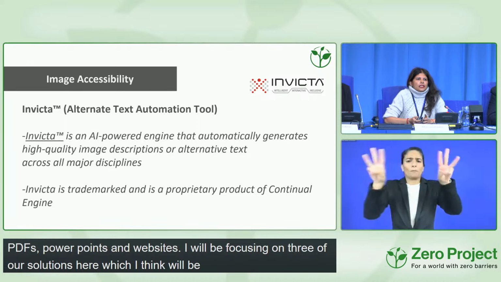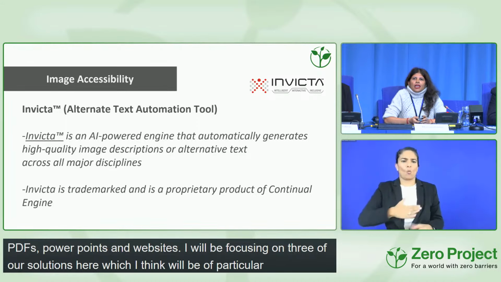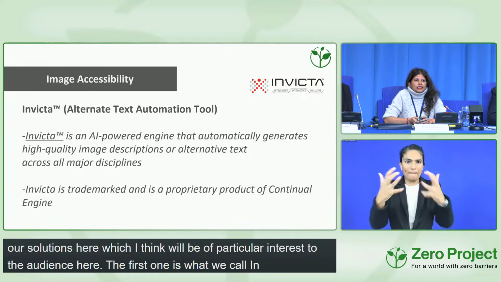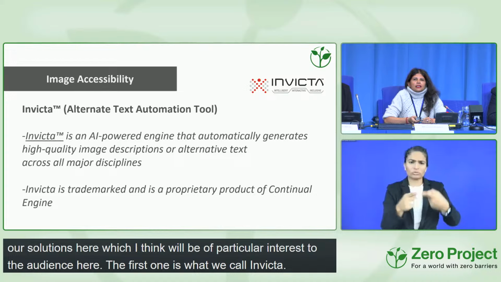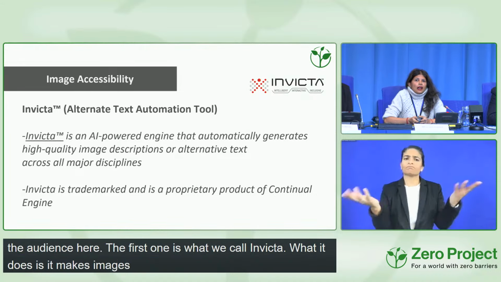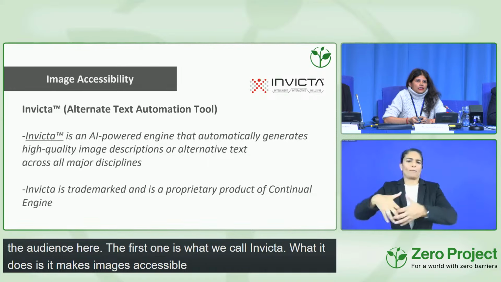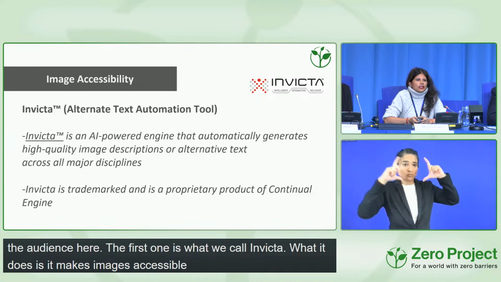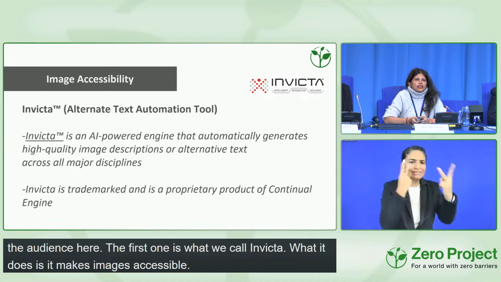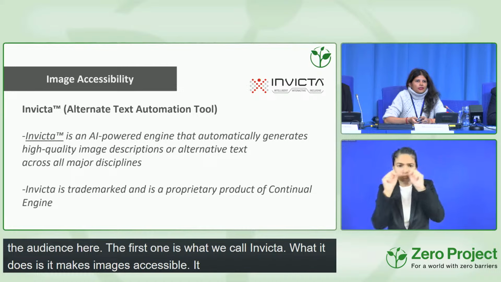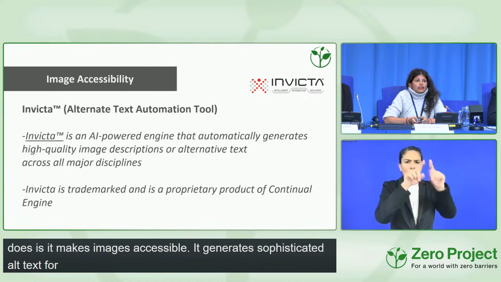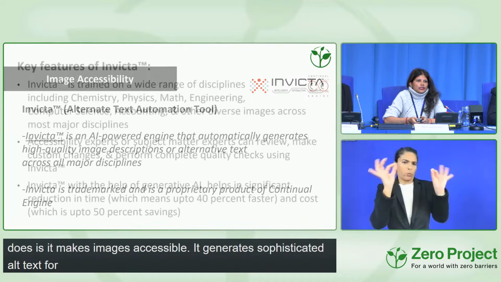The first one is what we call Invicta, and what it does is it makes images accessible. Invicta is an AI-powered engine that auto-generates highly sophisticated alt text for very complex educational content like circuits, diagrams, structures, graphs. Invicta is a proprietary product of Continual Engine.